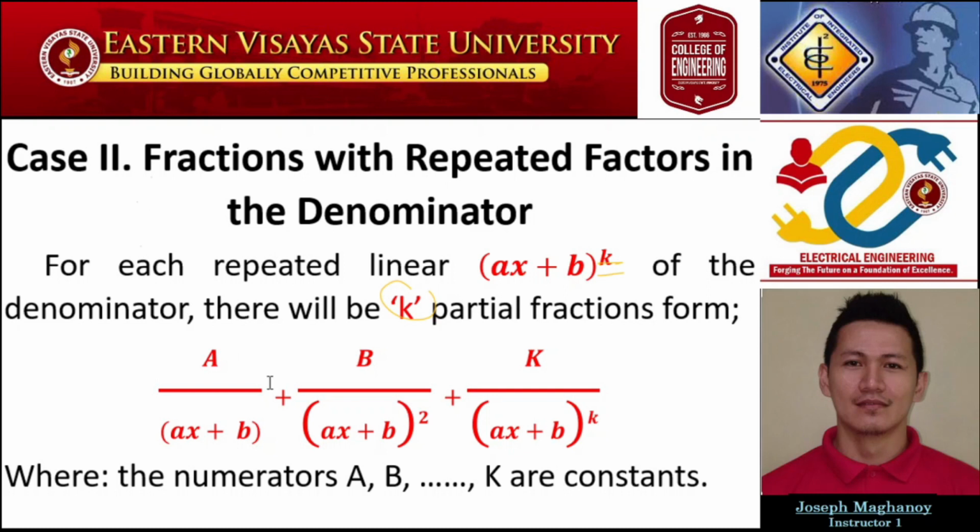For each repeated linear factor ax plus b raised to k of the denominator, there will be k partial fraction forms. So whatever the value of your power k, that will be the number of partial fractions we'll be having.